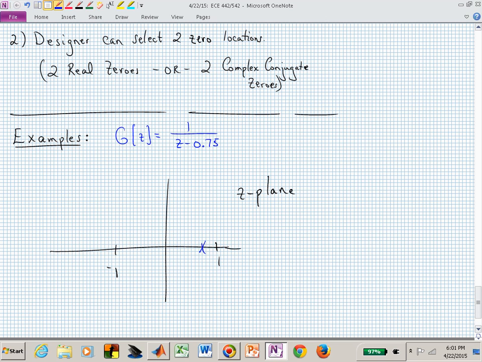It's already starting inside the unit circle. If you increase the gain K, you are now going to push this pole in that direction. What might be a downside to just using a gain controller for this system G of Z?